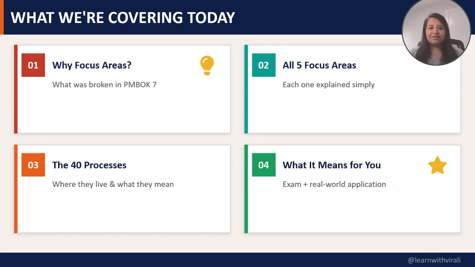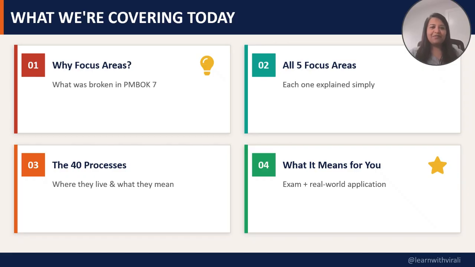Third, where these 40 processes now live under these 5 buckets. And the fourth one is the most important question: what all this means for you if you are taking or planning to take the exam in July 2026 specifically.